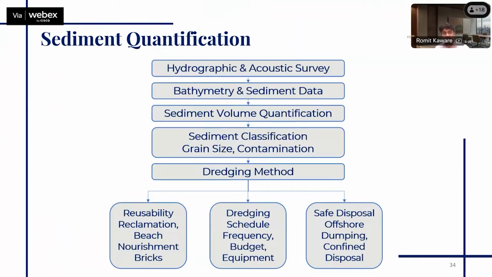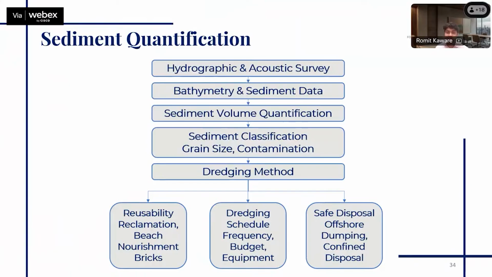If we are able to map the thickness and the type of sediment, we can have a good estimate of the volume of the sediments. We can do this exercise pre-dredging and post-dredging to identify the amount of sediments that are getting dredged.